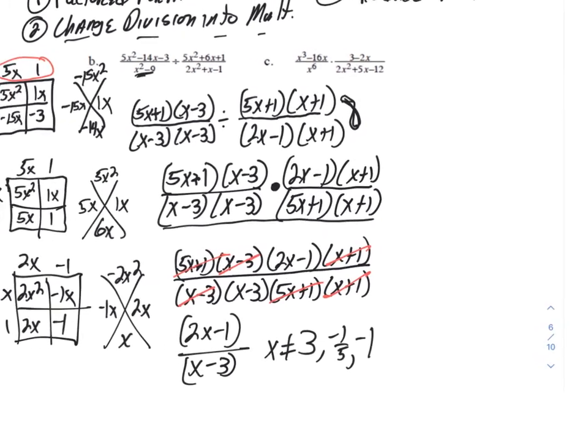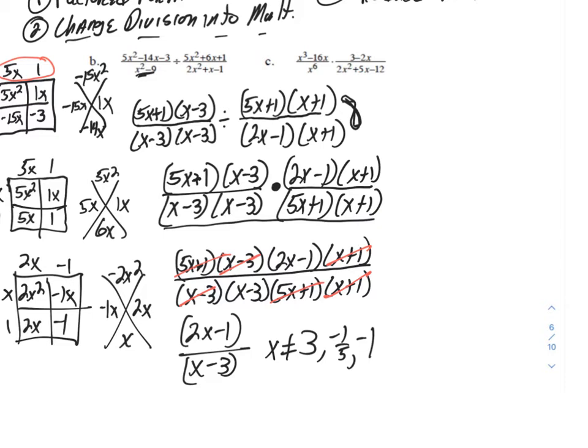Now let's take a look at part C, just to change colors so that we can keep them separate. This is multiplication, so let's just write it in factored form. I'm going to start by taking this first fraction and removing a greatest common factor, x times x squared minus 16 over x to the 6th times.